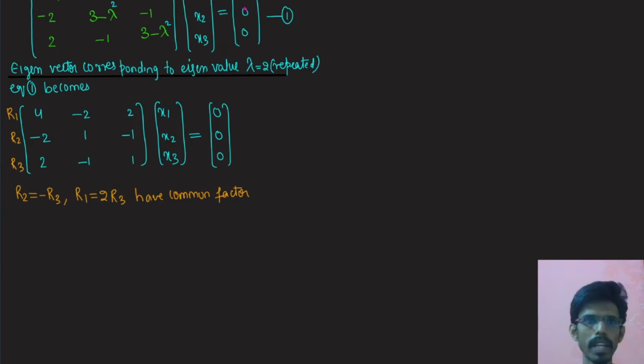My aim is to make these two elements 0 by using R1. So what operation I am performing here is changing R2 to R2 minus, first of all write down R2 as R2, R1.